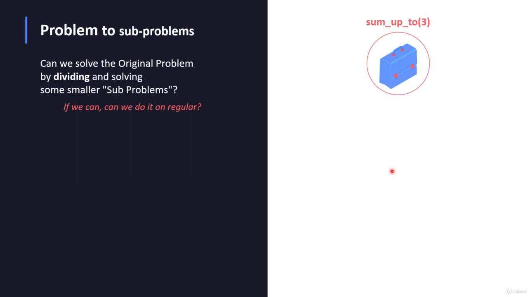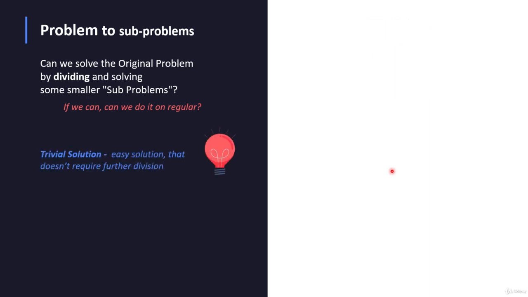So we will take some problem and start dividing it into smaller and smaller sub-problems. And if we could do this division until a sub-problem gets to the point where the solution can be found kind of trivially, if we have a trivial solution, then if we reach this point, we can start building our way up and conclude different calculation results that will help us with finding the result for the original problem.